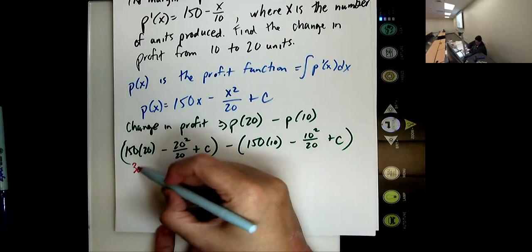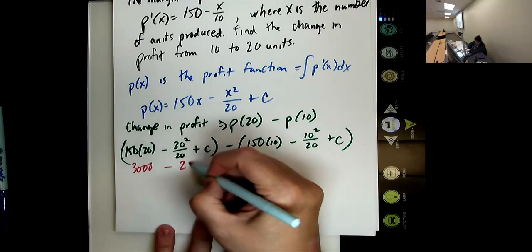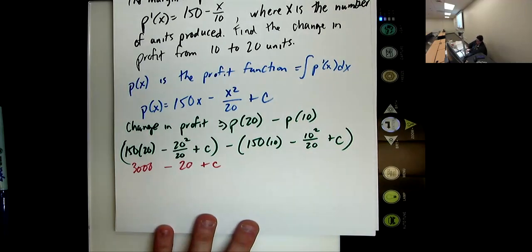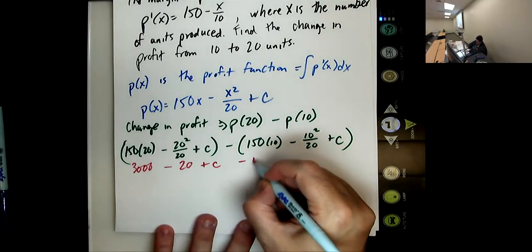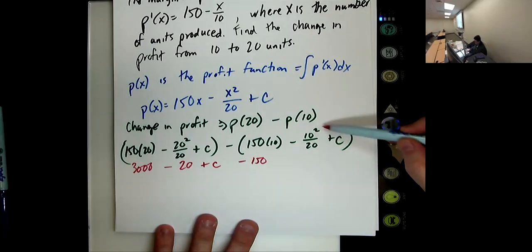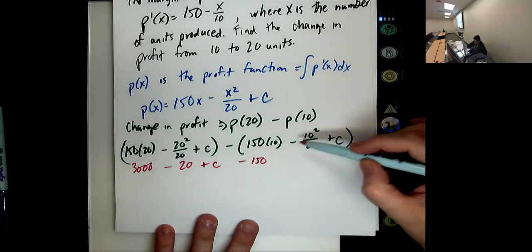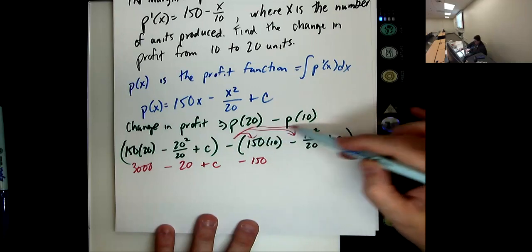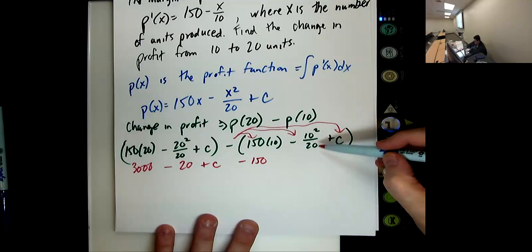That's 3,000, that's 20, that's plus C. And I've got minus 150. 10 squared is 100, 100 divided by 20 is 5. The minus distributes to each of these though. So minus and a minus turns into a plus.